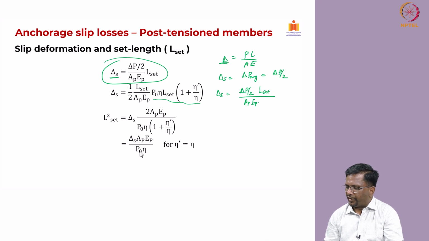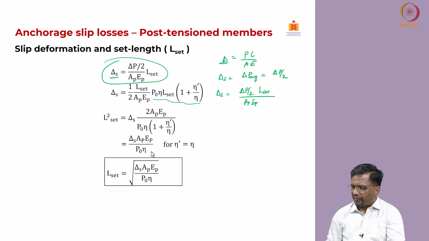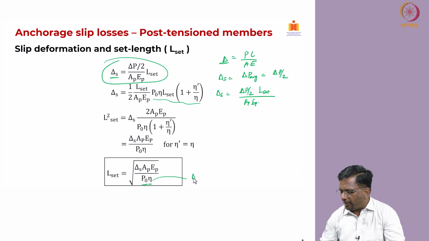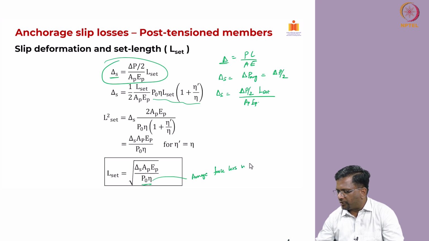Then if you simplify that, if you put eta prime equal to eta, then you will find that L set will be equal to delta S, the slip deformation, into EP divided by P naught into eta. Now, what is this P naught eta? It is nothing but the average force loss in the span being considered.